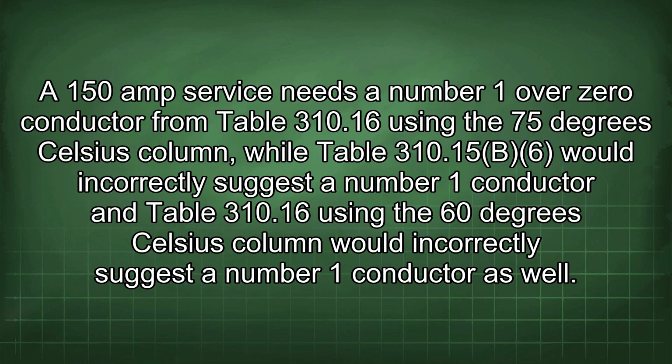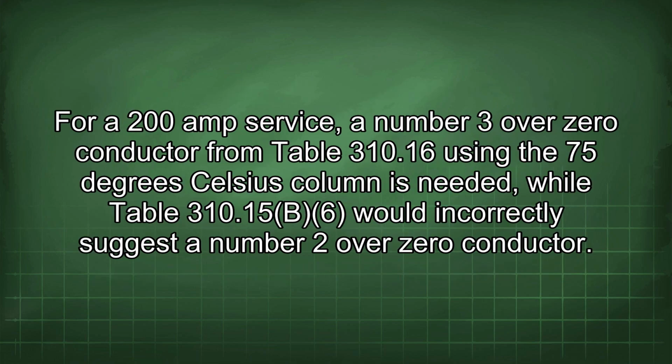A 150 amp service needs a number 1/0 conductor from Table 310.16 using the 75 degrees Celsius column, while Table 310.15(B)(6) would incorrectly suggest a number 1 conductor, and Table 310.16 using the 60 degrees Celsius column would incorrectly suggest a number 1 conductor as well. For a 200 amp service, a number 3/0 conductor from Table 310.16 using the 75 degrees Celsius column is needed, while Table 310.15(B)(6) would incorrectly suggest a number 2/0 conductor.